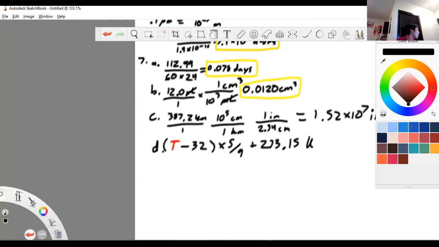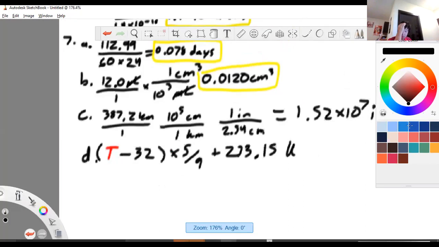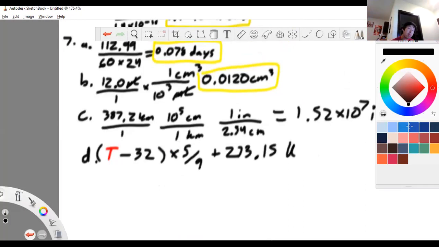So the temperature they give us is 46.7. That's 3 sig figs. 32 is 2 sig figs.